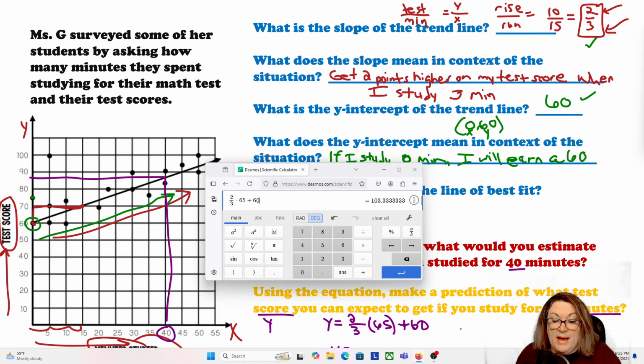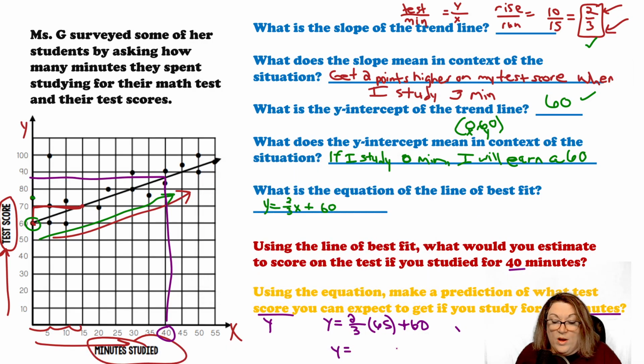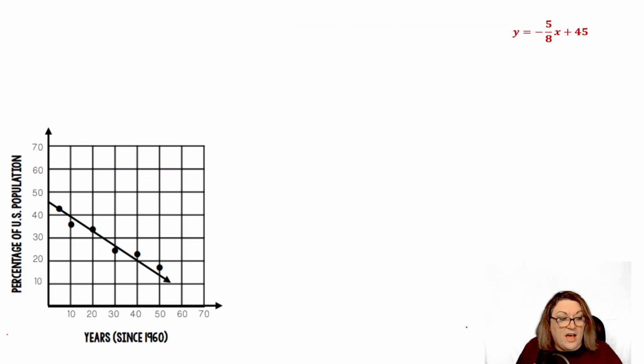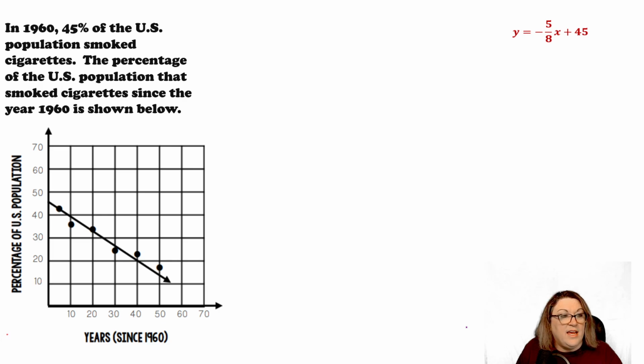So I can expect to earn 103.3 roughly if I study for 65 minutes. And since most tests only go up to 100, that means that a person who studies for at least 65 minutes is probably going to get 100, right? All right. So that takes care of that one.